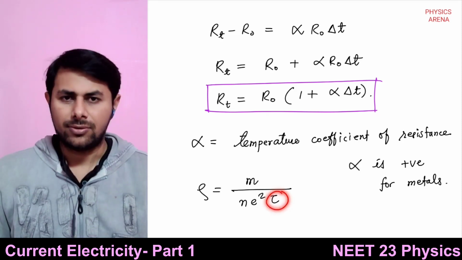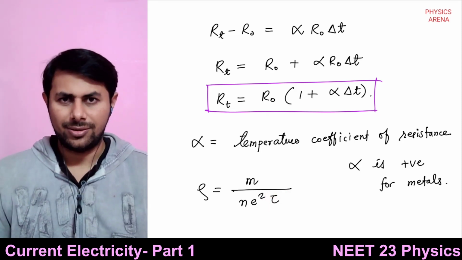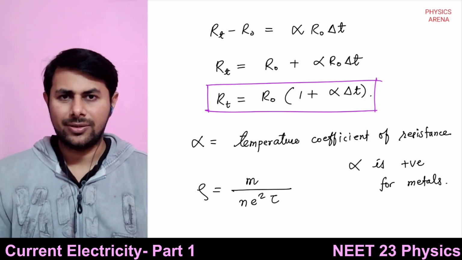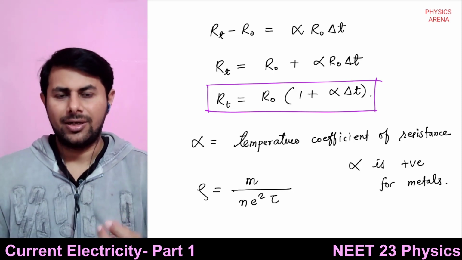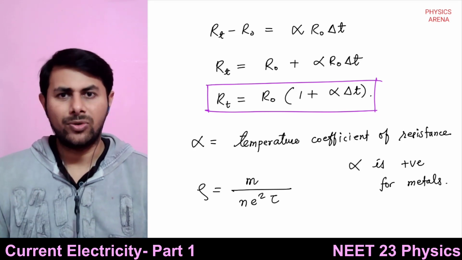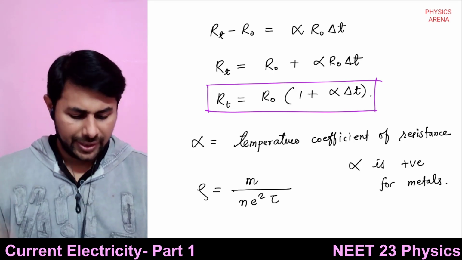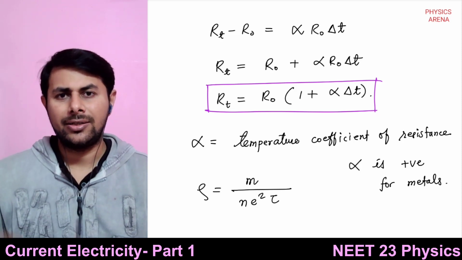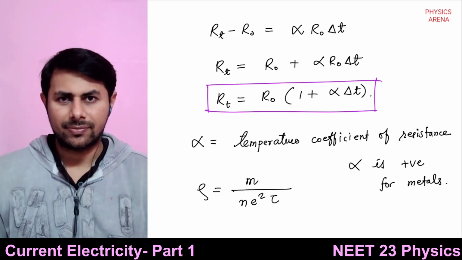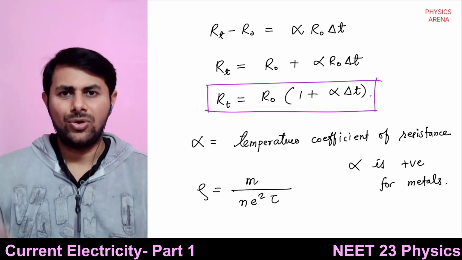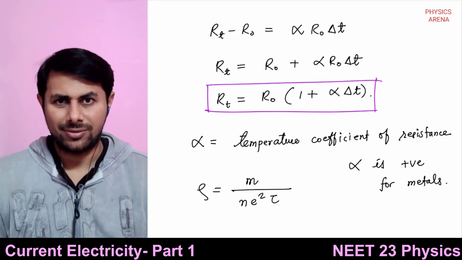Now what happens in case of semiconductors and insulators? This thing is still true: tau will decrease. The electrons will move faster, atoms will wiggle faster, and there will be more collisions. But in case of insulators and semiconductors, initially no electrons are available for conduction.